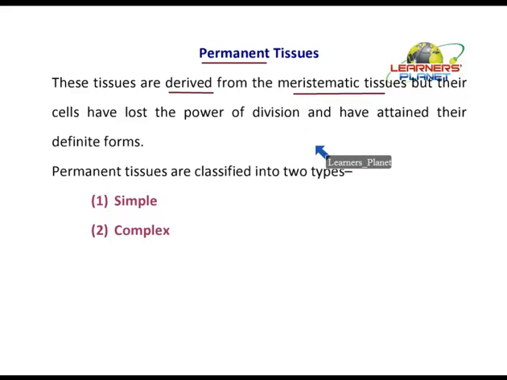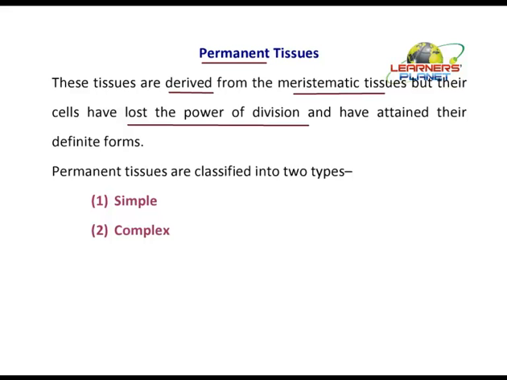Once these properties are attained by the meristematic tissue, it converts into permanent tissue. After converting into this form, these cells or tissues lose their power of cell division. Therefore we always say that permanent tissues are the non-growing tissues of the plant.